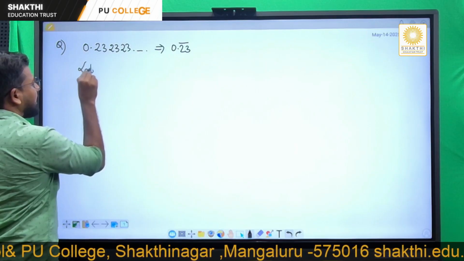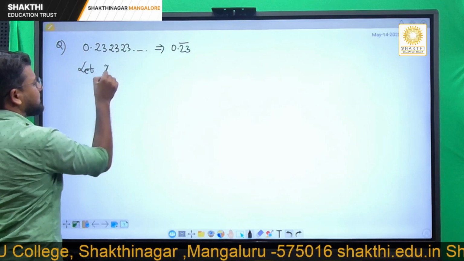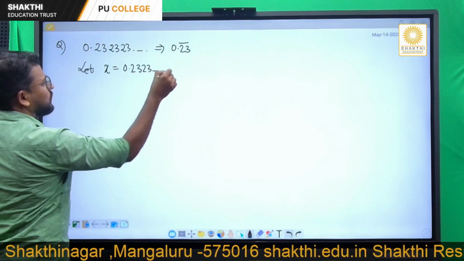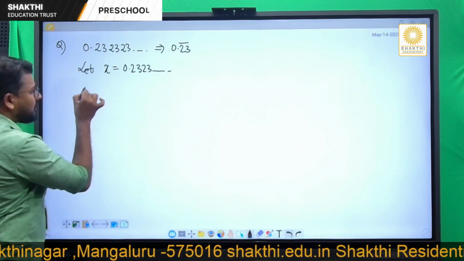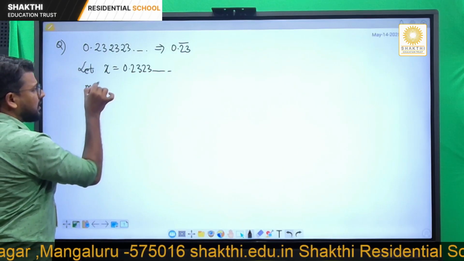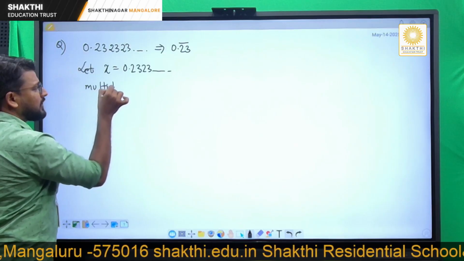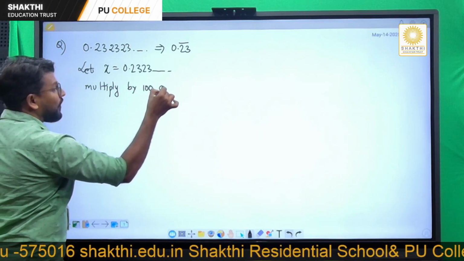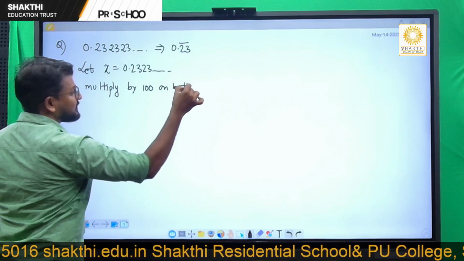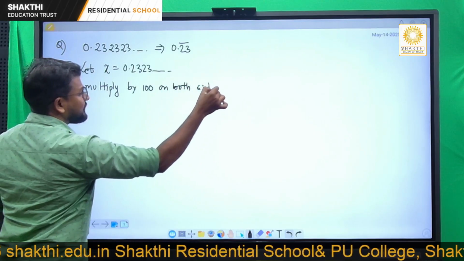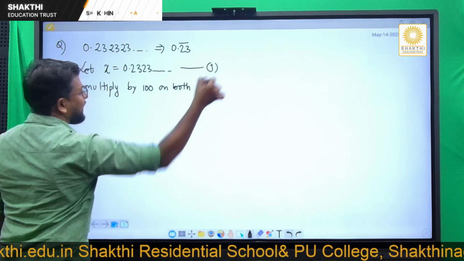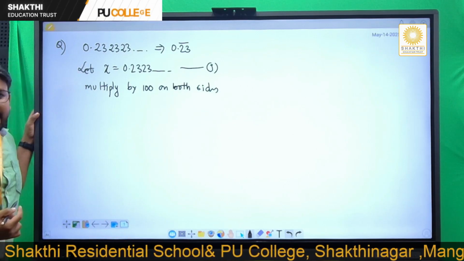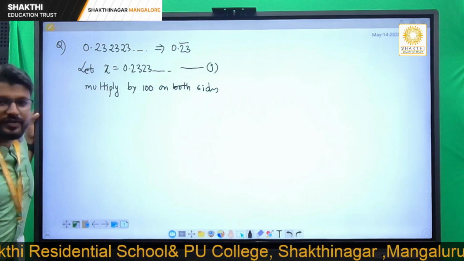Let x be 0.2323 and so on. I will now multiply by 100 on both sides. Now definitely you will ask me, sir, in the previous question you multiplied by 10, now why are you multiplying with 100?